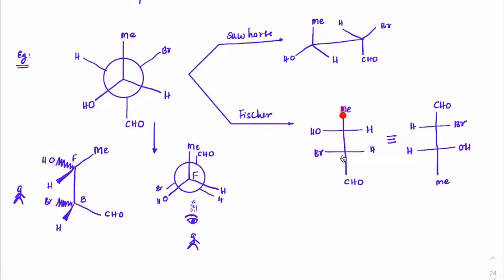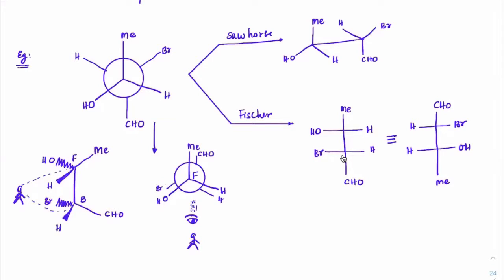Okay. Now watch this image. Can you see this image? Forget about everything. Just watch this image. On this image, if you are watching from this end, you are watching this carbon and this carbon. These two carbons you are watching.